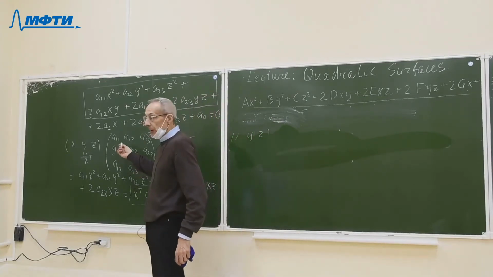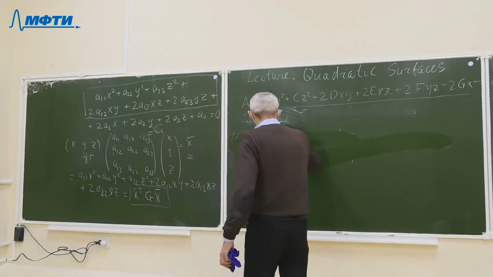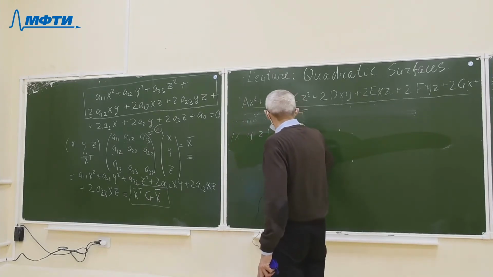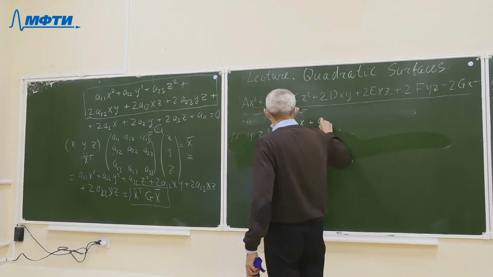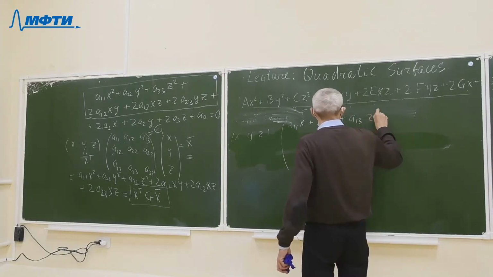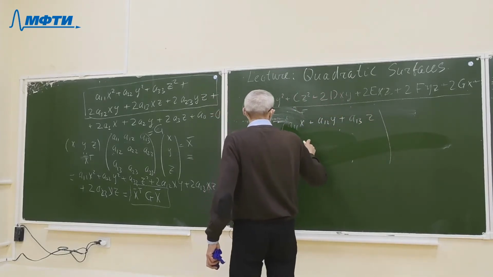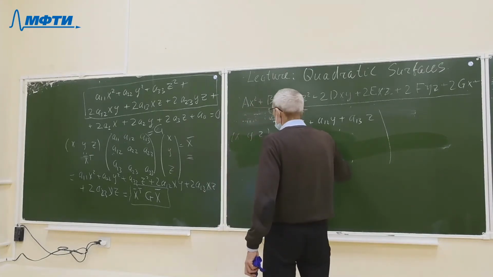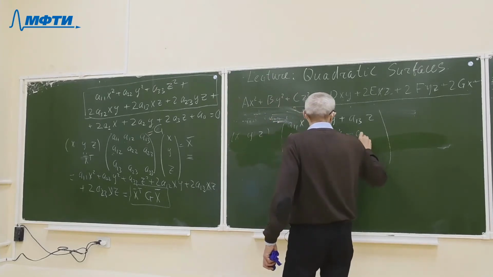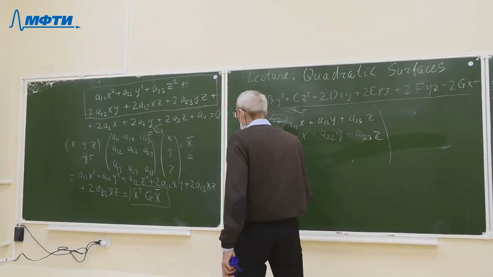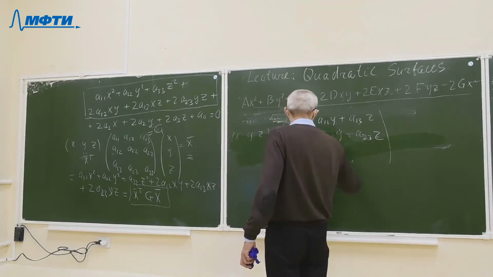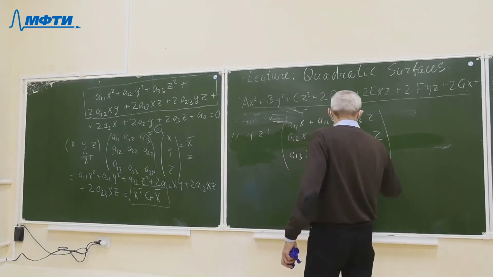Let's multiply this matrix by this vector, and we obtain the following column vector: a11x plus a12y plus a13z, a12x plus a22y plus a23z, a13x plus a23y plus a33z.